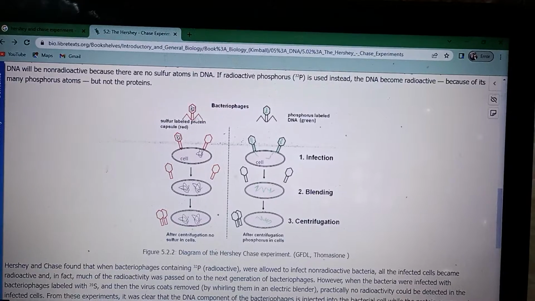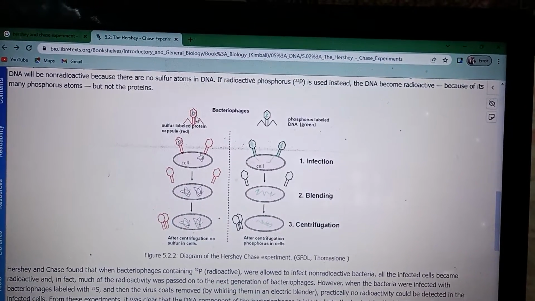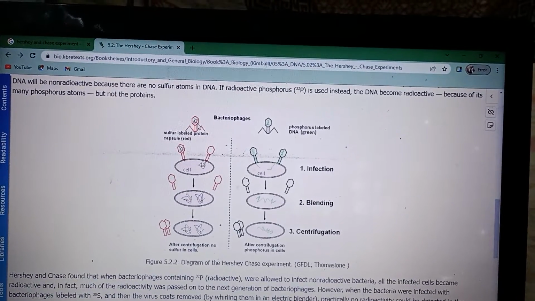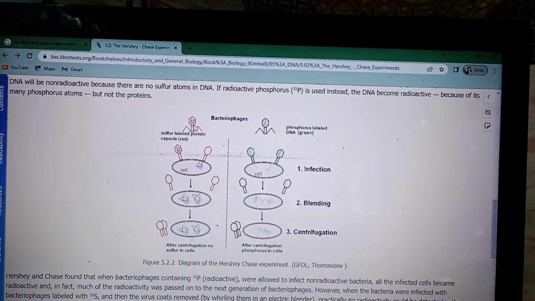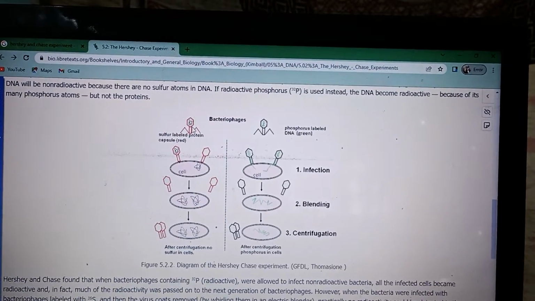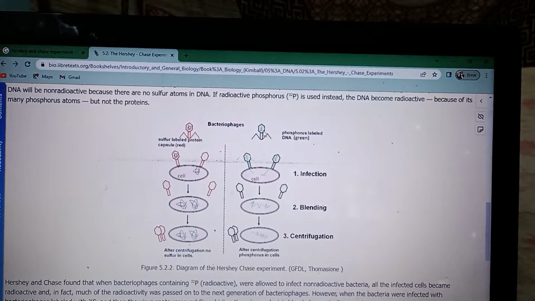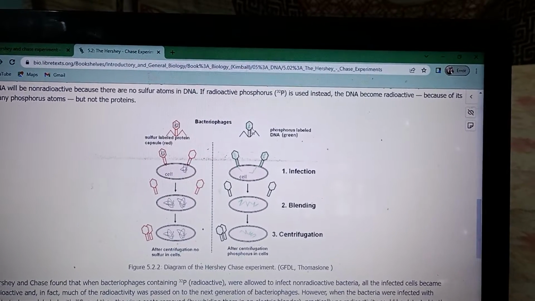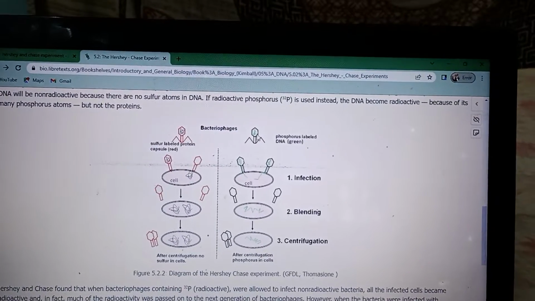Of course, the proteins are made of amino acids, and cysteine and methionine are the sulfur containing amino acids. So in that, sulfur is present, so the protein will be radio labeled with sulfur and look radioactive. But in the case of DNA, when it is radio labeled with sulfur, it won't look radio labeled, because DNA doesn't have sulfur components.